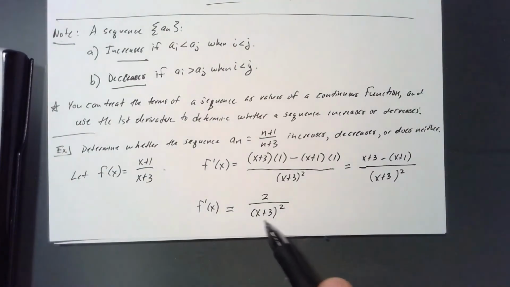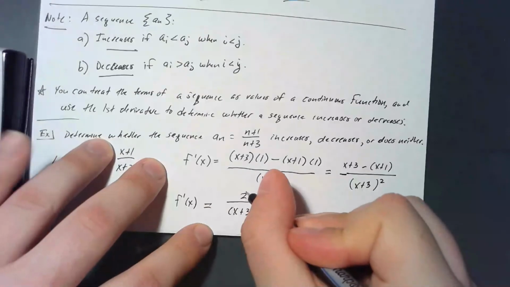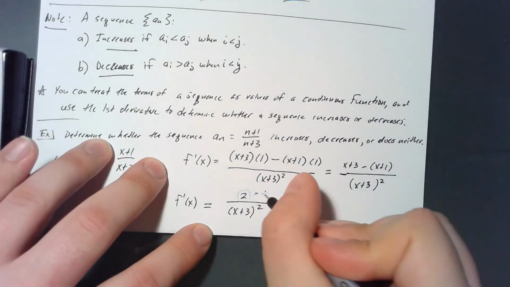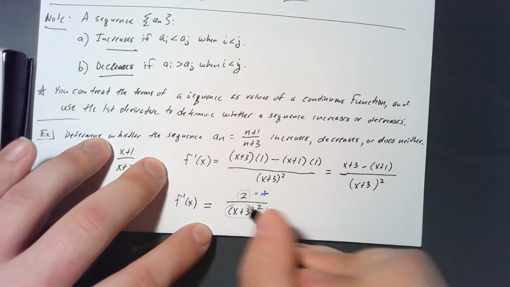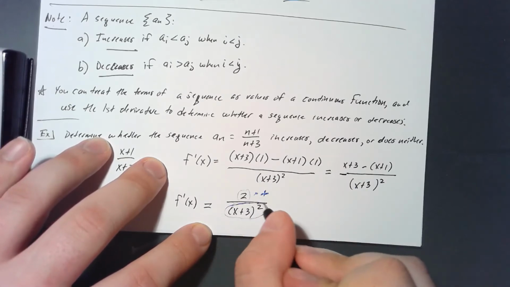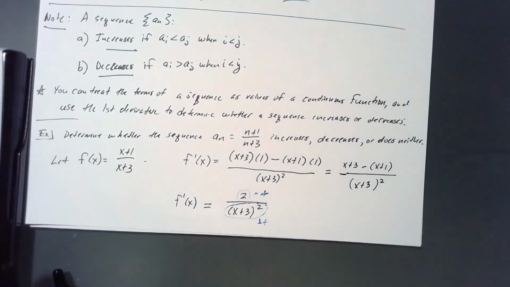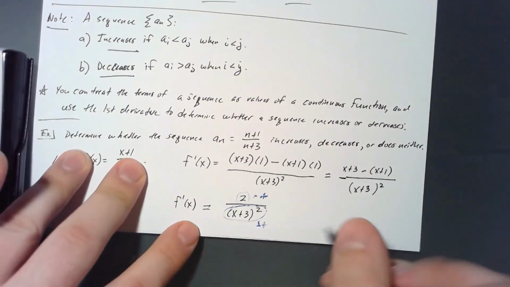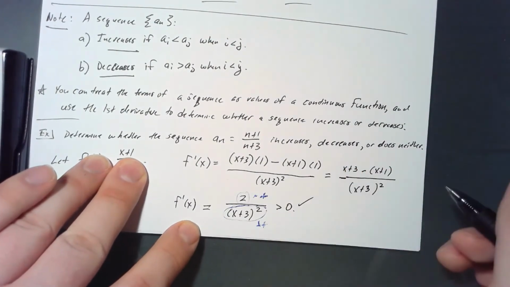So this right here is always positive. So I have a positive 2. So this is positive. And this is always going to be positive because squares can't be negative. So a positive divided by a positive is always going to be positive.